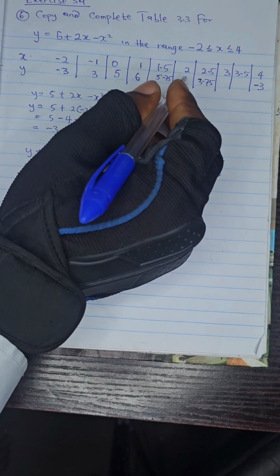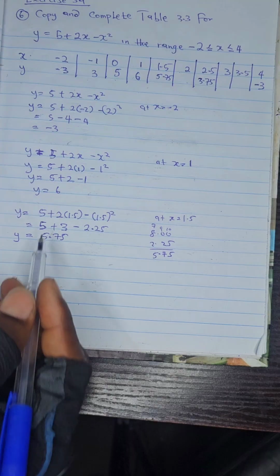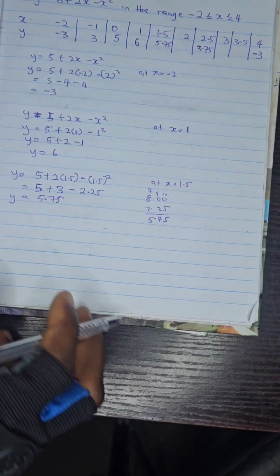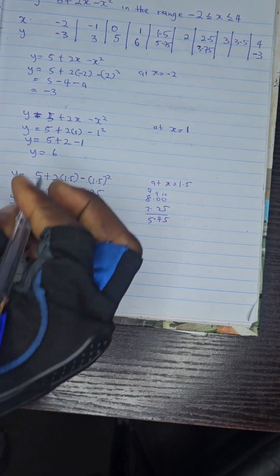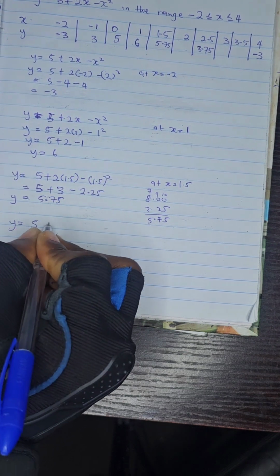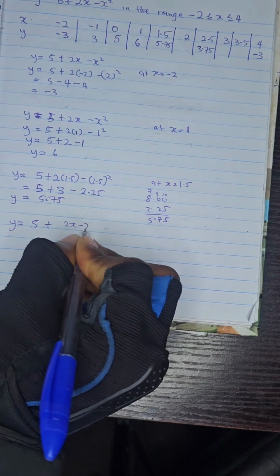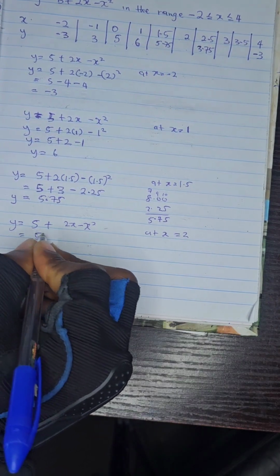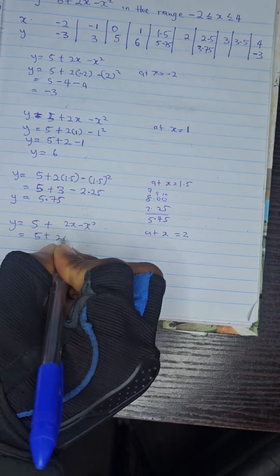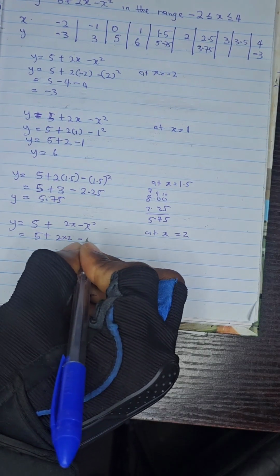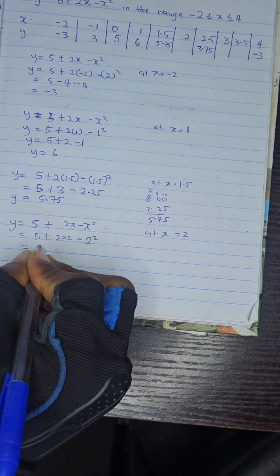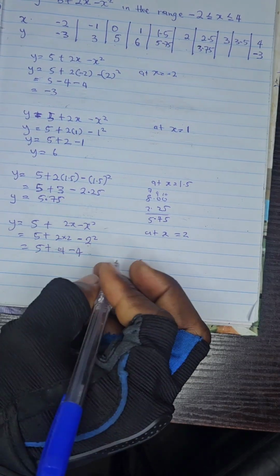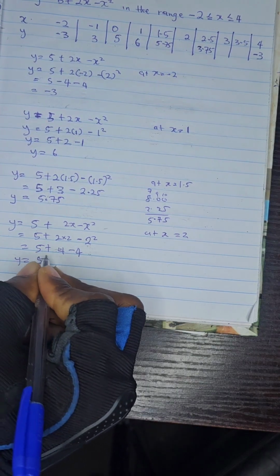The next one is when x is 2. So we just keep doing this. You can complete the rest by yourself, so I don't make this video too long. You have y equals 5 plus 2x minus x squared at x equal to 2. So it was 5 plus 2 times 2 minus 2 squared, which is equal to 5 plus 4 minus 4. 5 plus 4 is 9. 9 minus 4 is 5, so y is equal to 5.